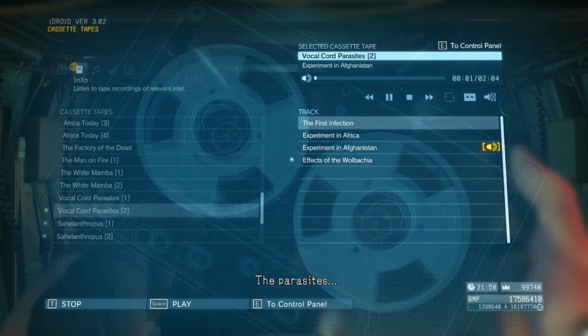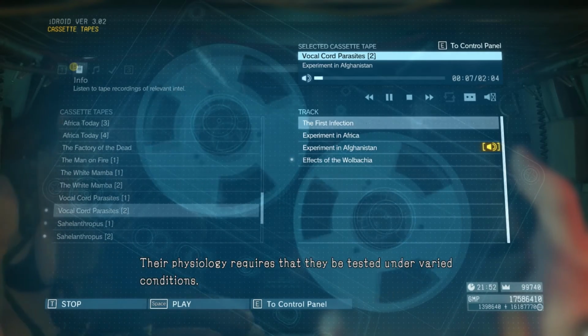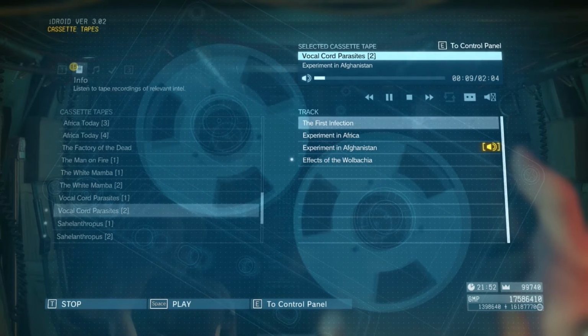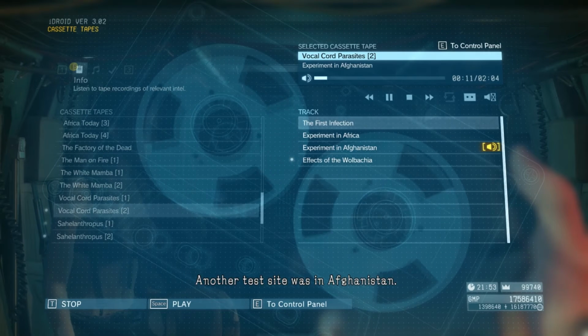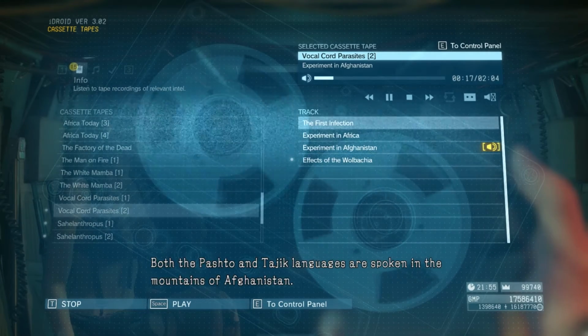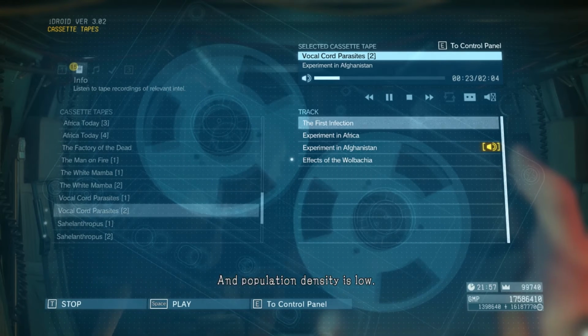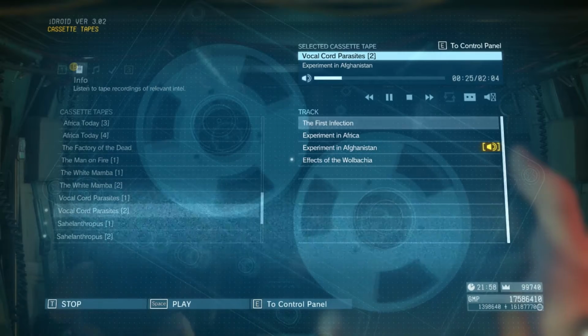The parasites, they were tested in other regions? Their physiology requires that they be tested under varied conditions. Another test site was in Afghanistan. So it was the parasites there. Both the Pashto and Tajik languages are spoken in the mountains of Afghanistan, and population density is low.